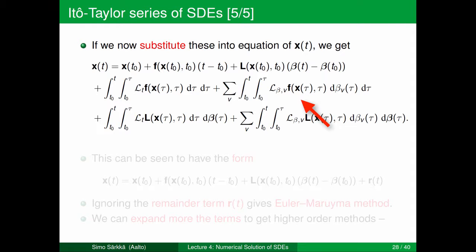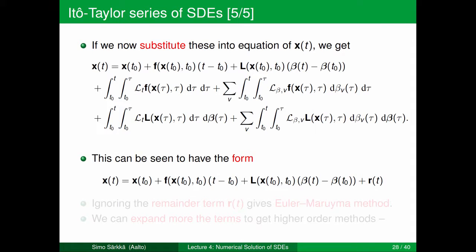It's a stochastic integral over β and an integral over τ. The next term is the double integral of L_t L, first with respect to τ and then with respect to β. And finally, we have a double stochastic integral of L_β,v of L(x(τ), τ) with respect to dβ_v and dβ, in vector notation.